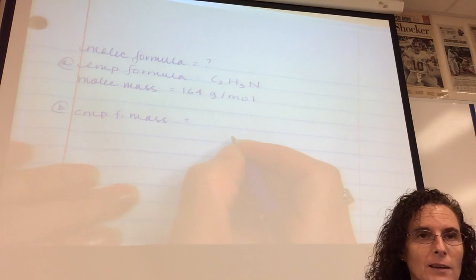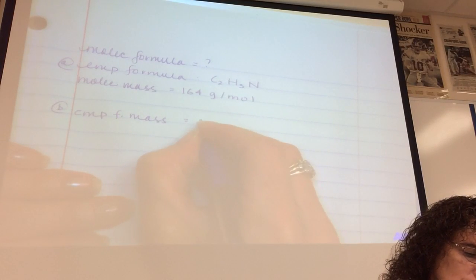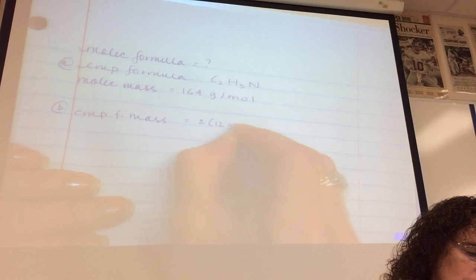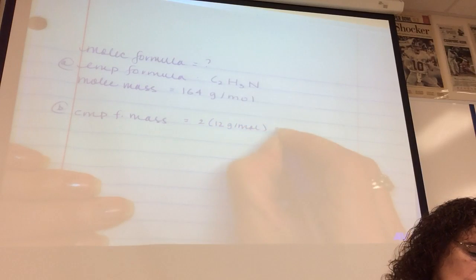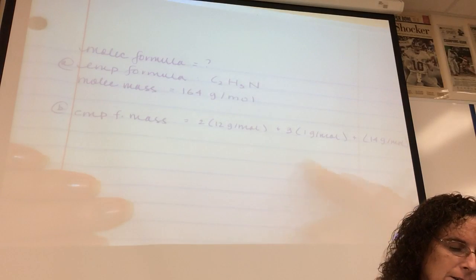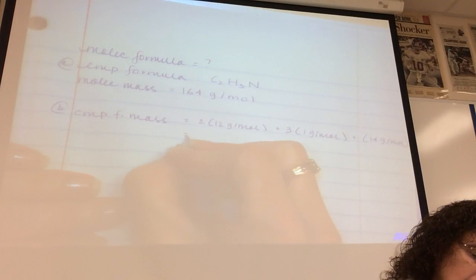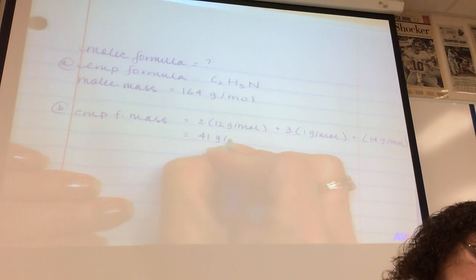They're just rounded atomic masses, whole numbers. So 2 times 12 grams per mole plus 3 times 1 gram per mole plus 14 grams per mole. You only have one N. So 24, 3, and 14 is 41 grams per mole.